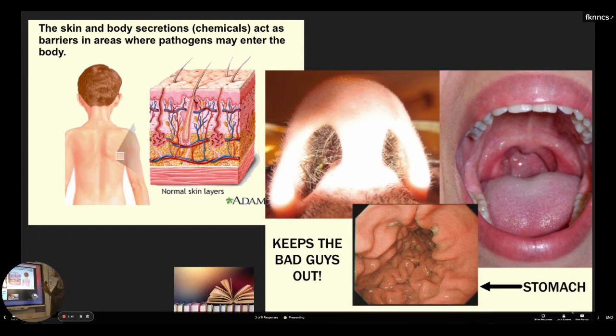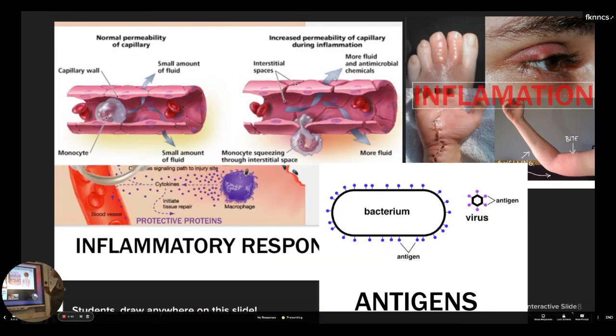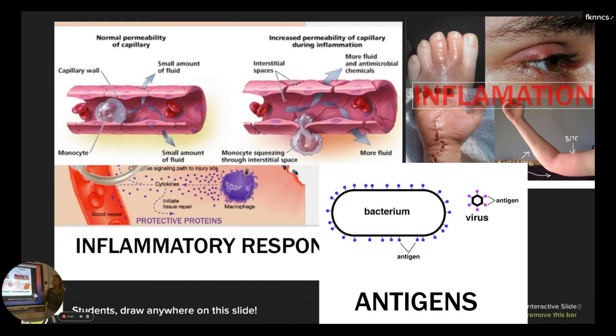Now, if they get through and get into our cells and tissues, right? It will trigger a response. And the part that's triggering it, on the surface of these pathogens, are called antigens. And antigens are what trigger your immune response.